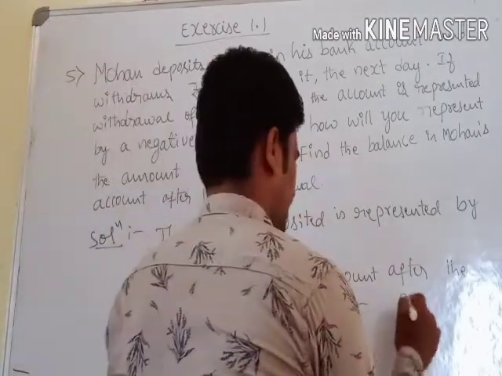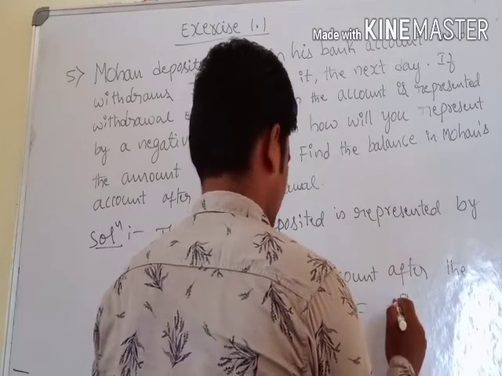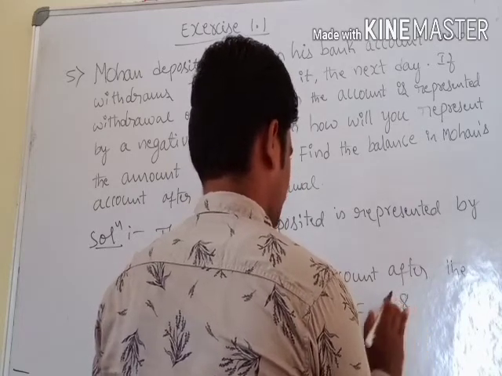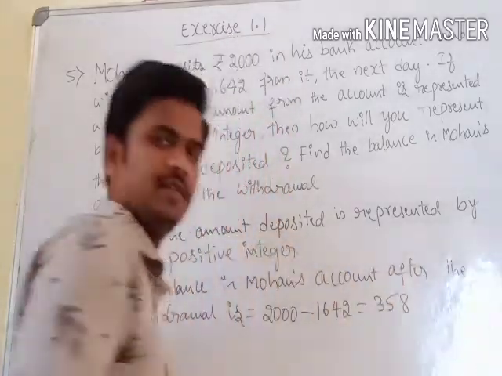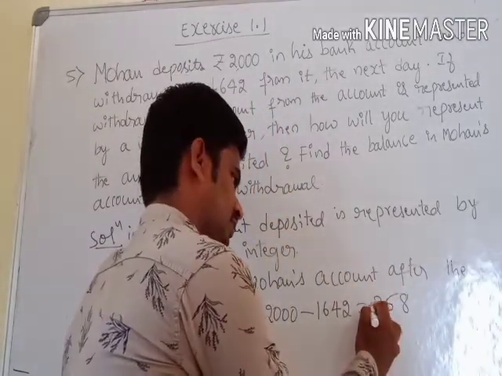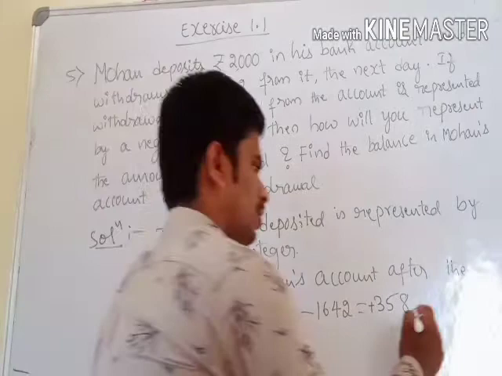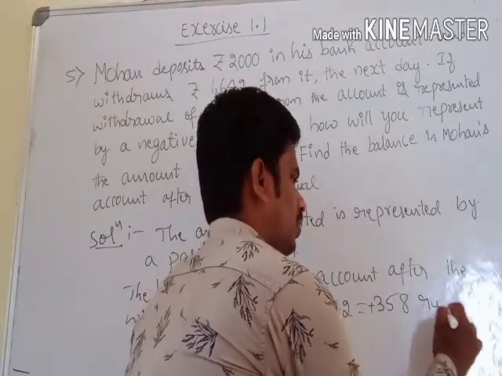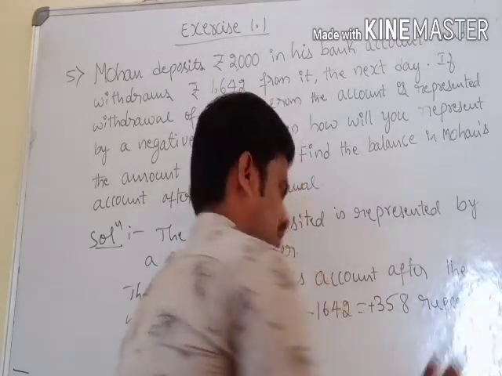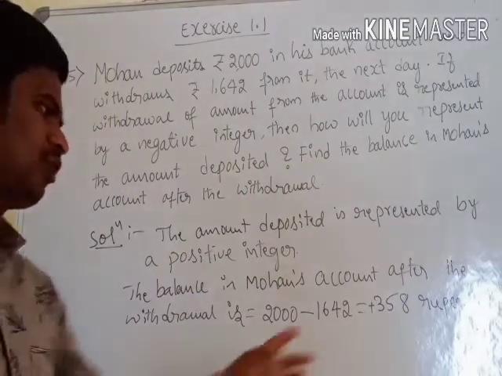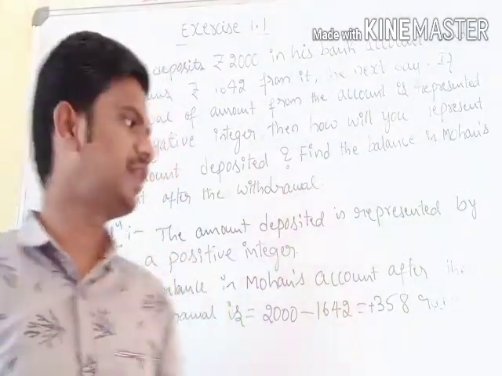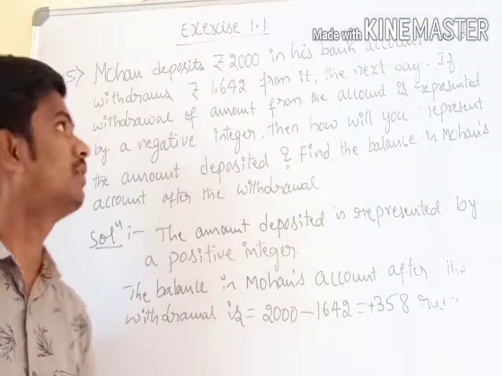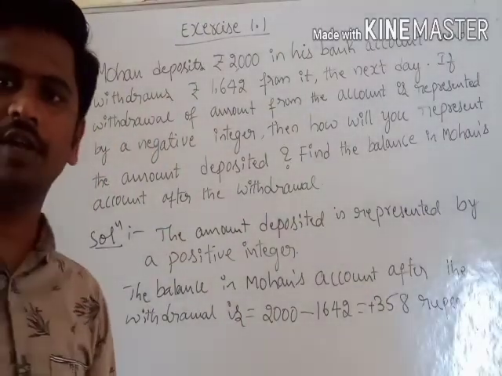That is 358. So the total balance is how much now? 358 rupees. That is the solution for question number 5.